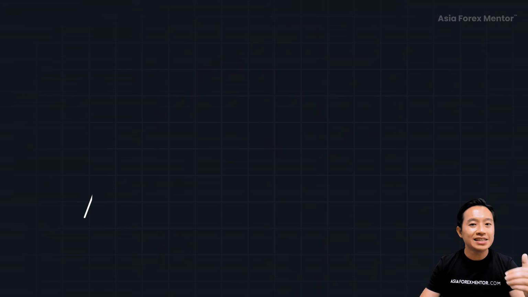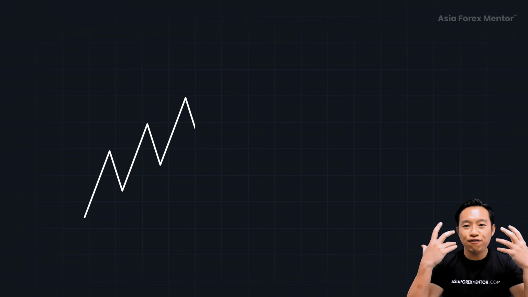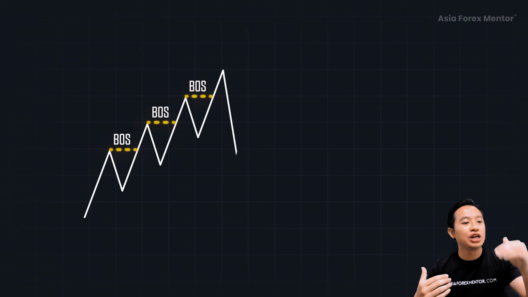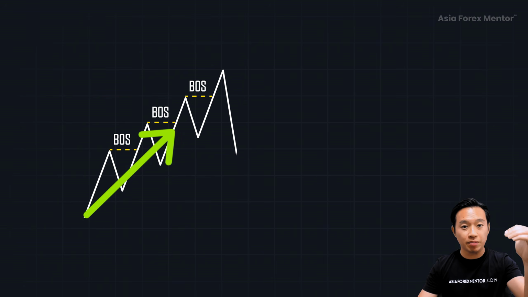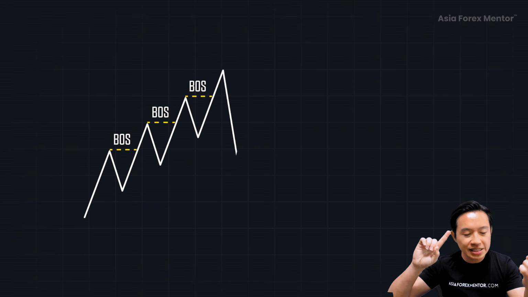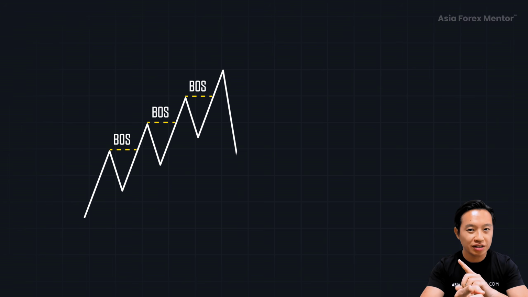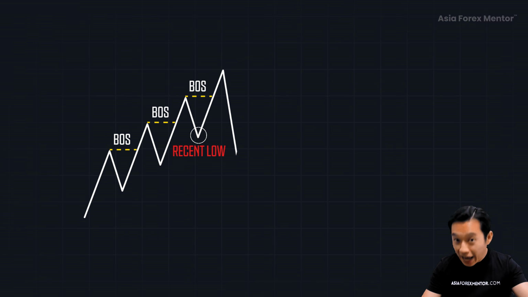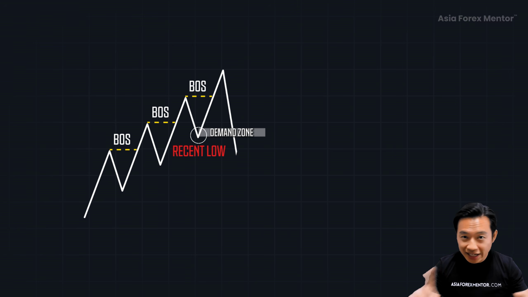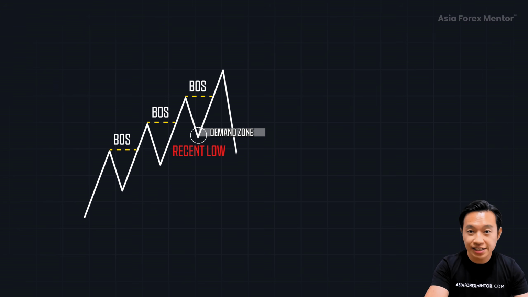If you see, when price is in an uptrend, it's constantly forming a series of bullish structure breaks, so this indicates strong upward momentum. Then there happens a shift in market structure when price breaks through the most recent major low and the demand zone. This signifies the first change of character.